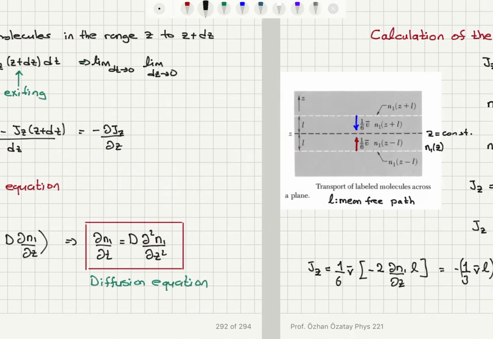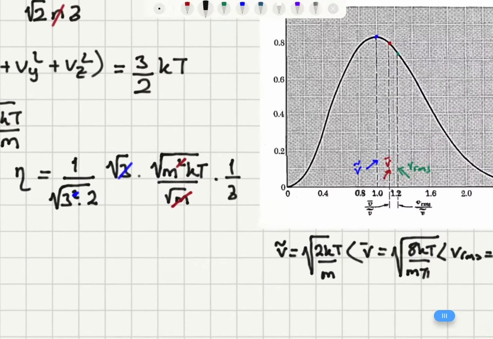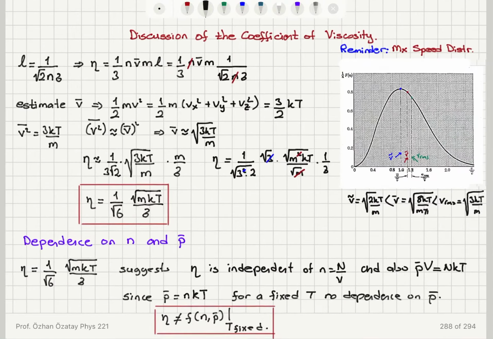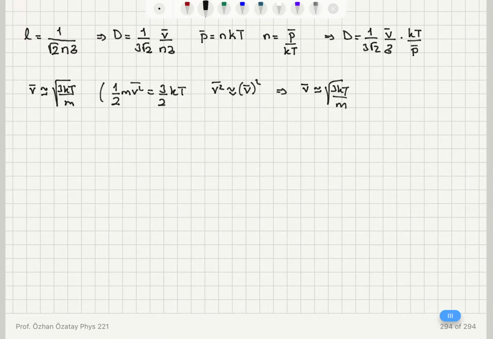In fact, we found that if we do this properly using the Maxwell distribution, V RMS is square root of 3 kT over m. So we're estimating V bar to be equal to V RMS. Okay, so we can go back to our discussion and substitute for V bar square root of 3 kT over m.